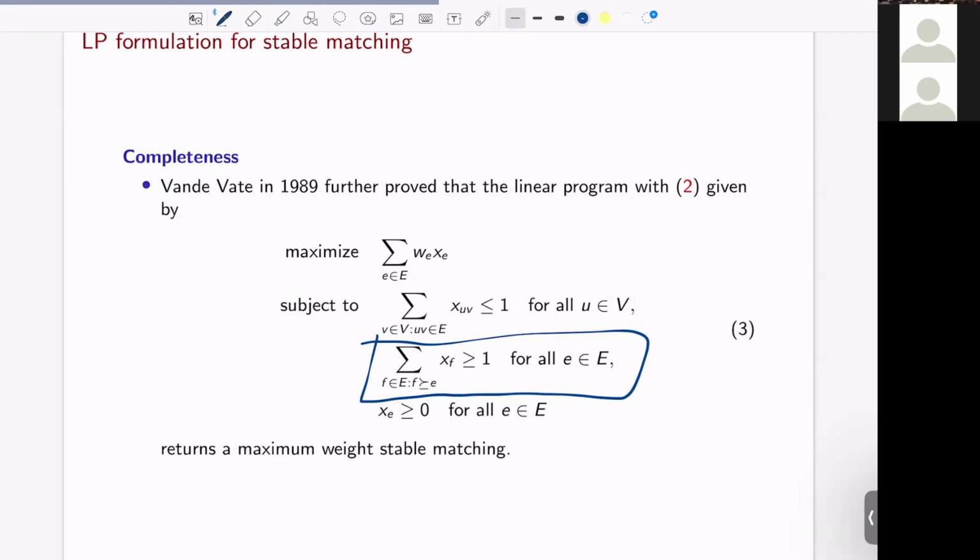The question is, can we have a more compact formulation with a smaller number of constraints? I'm not aware of it. I guess for other problems, it's always an open question whether we can get a formulation with a smaller number of constraints.